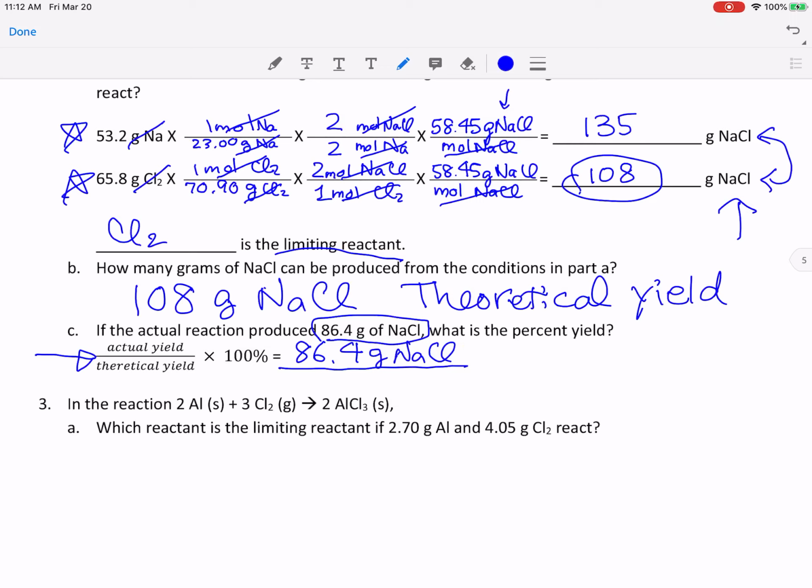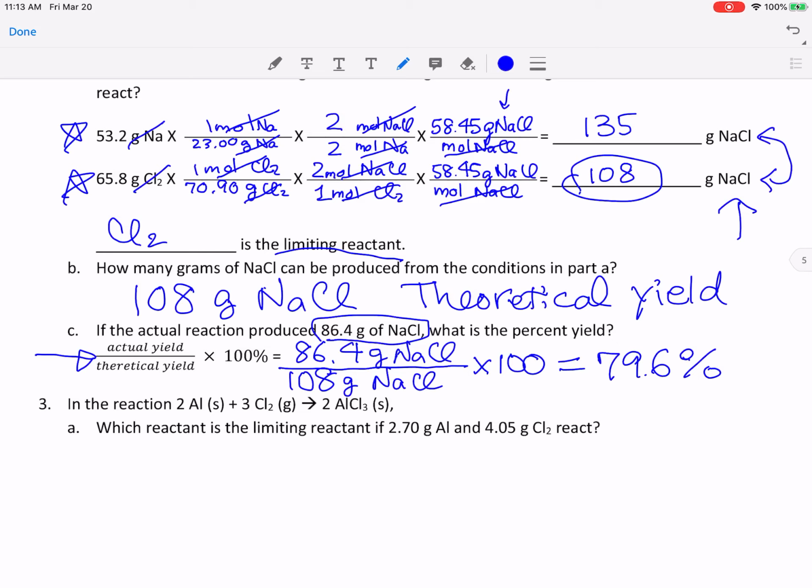And if the reaction is super efficient, with every single molecule of chlorine gas converted to product, it would be 108 gram sodium chloride. Because it's asking for the percent, you do this, and you get 79.6 percent, which is the percent yield of this reaction that you did in a lab.